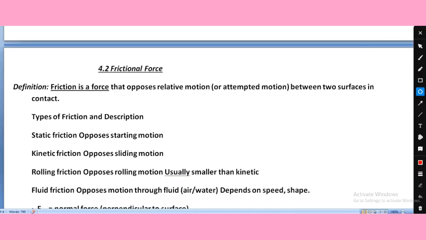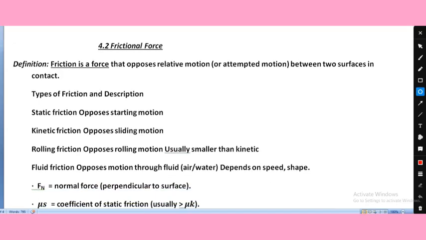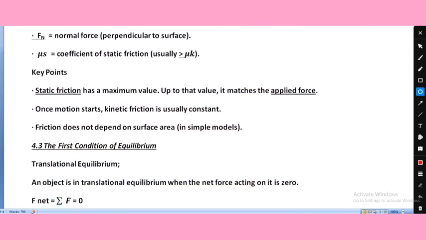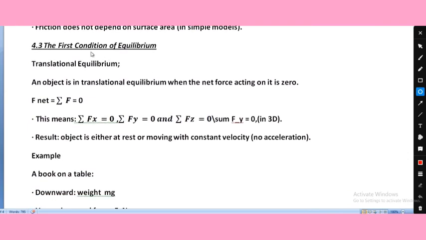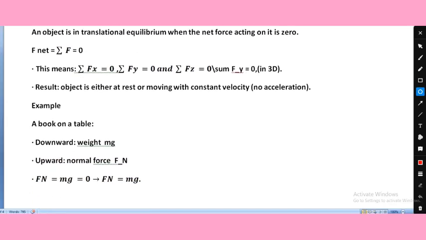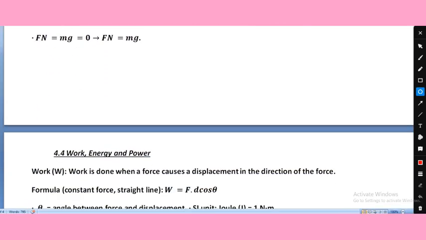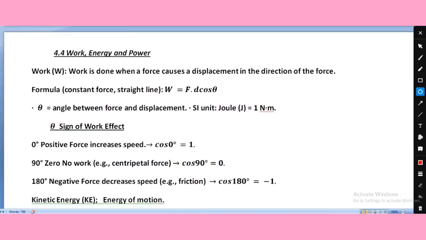For example, we discuss frictional forces and the types of frictional forces. We also discuss the first condition of equilibrium: if the total force exerted on a system is equal to zero, that is Newton's first condition of equilibrium.